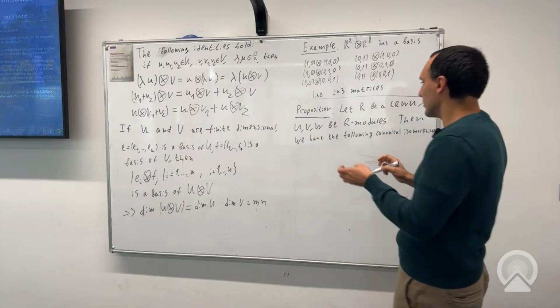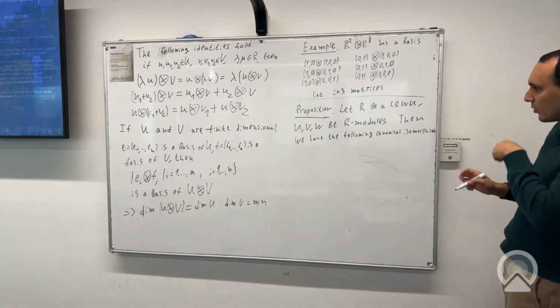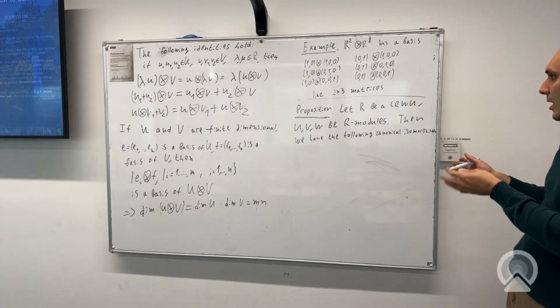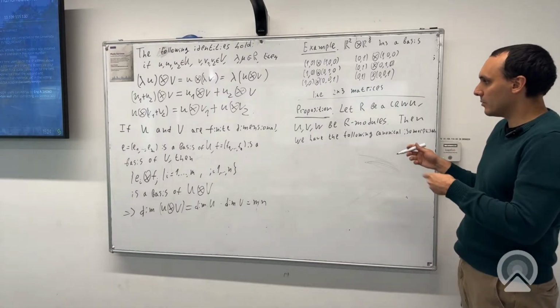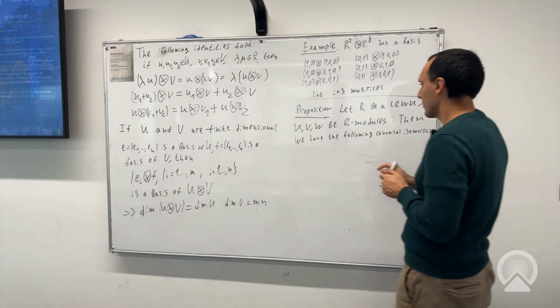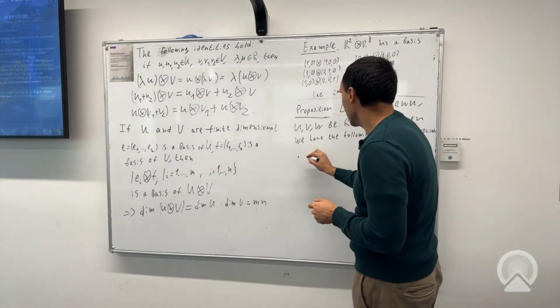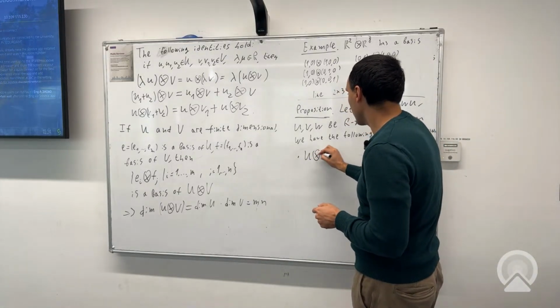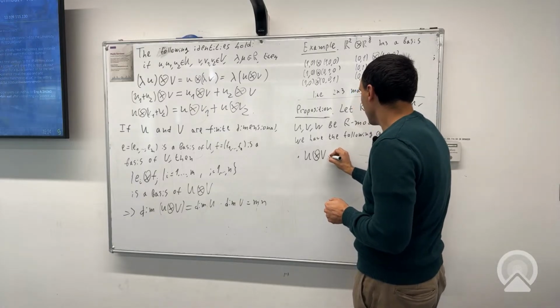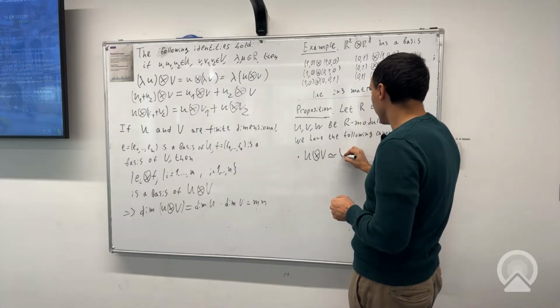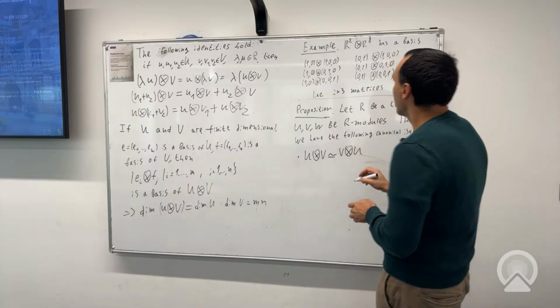So canonical isomorphism, let me recall, is something that says that in some way these two are indistinguishable. They can be interchanged. U tensor product with V is isomorphic to V tensor product with U.